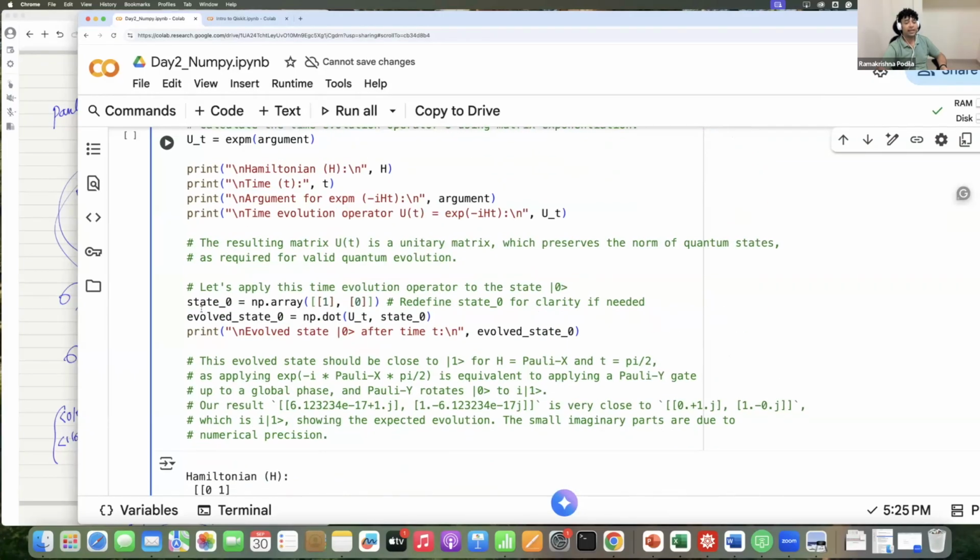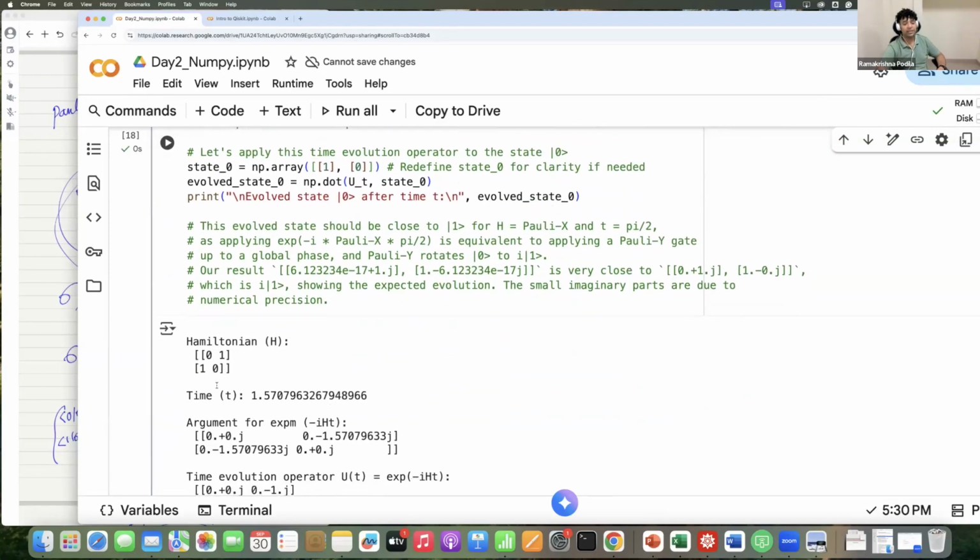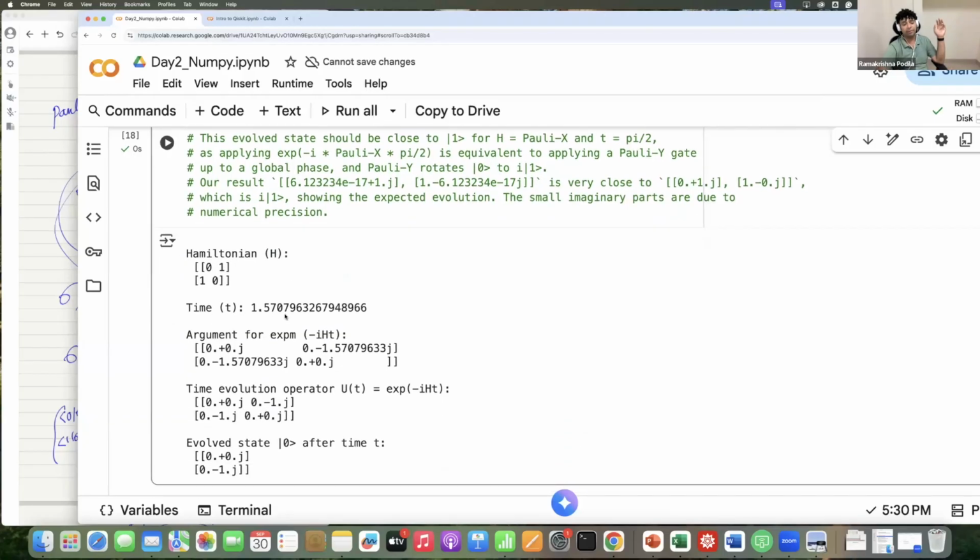Then I can take state 0, which is 1, 0, and evolve the state up to a time t. So we can run that. Our Hamiltonian is 0, 1, 1, 0, and I'm looking at some random time, 1.57 seconds. The argument for minus iHt is basically e to the power minus i times H.